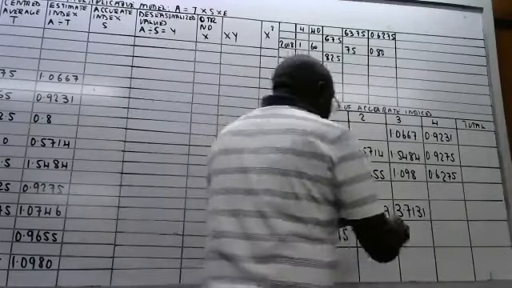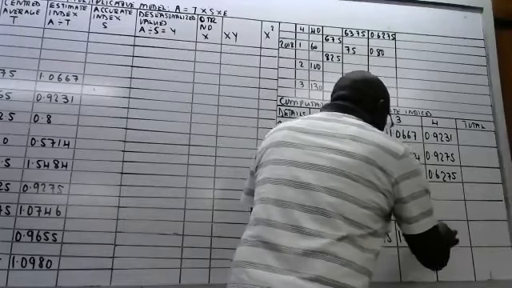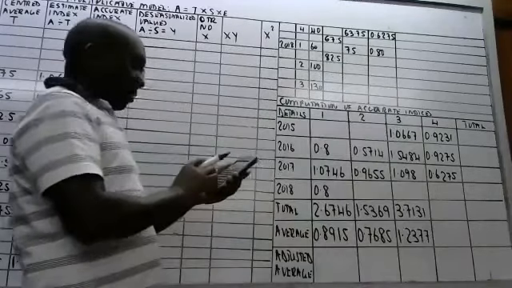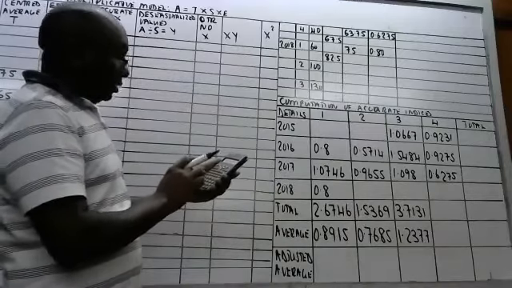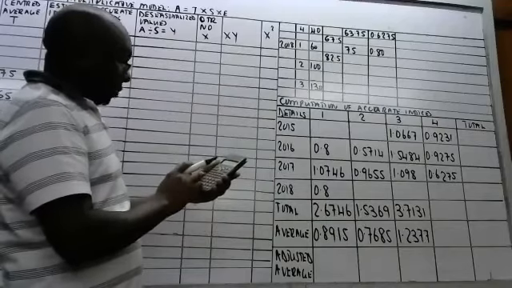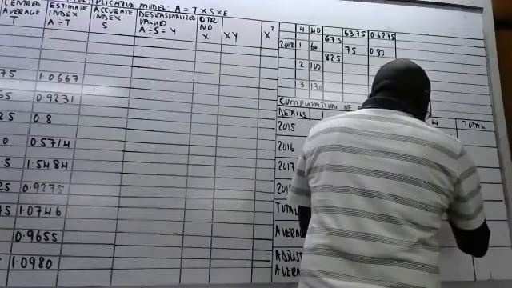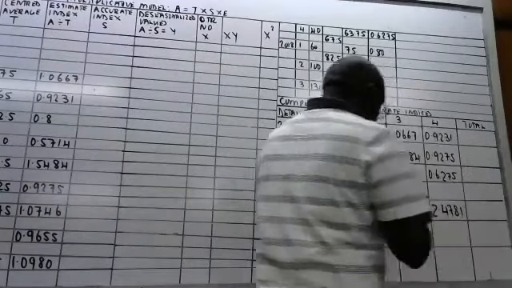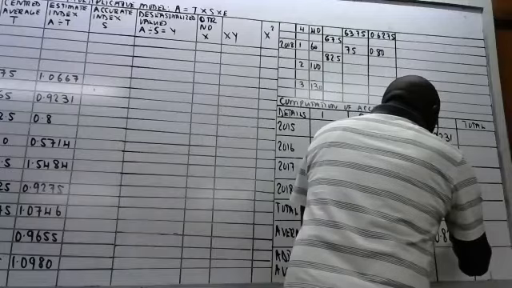Divided by 3 is 1.2377. 0.9231 plus 0.9275 plus 0.6275 is 2.4781. Divided by 3 is 0.8260.